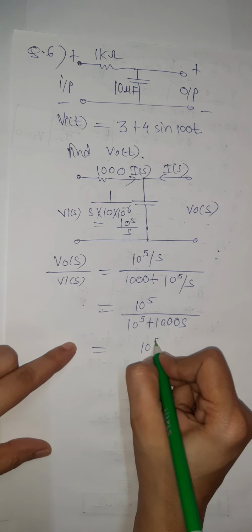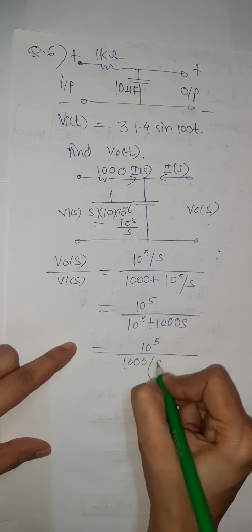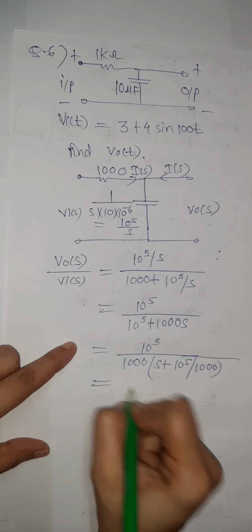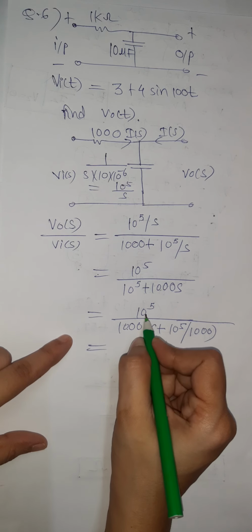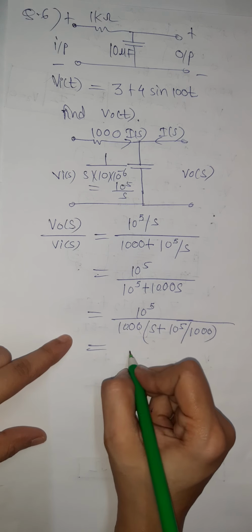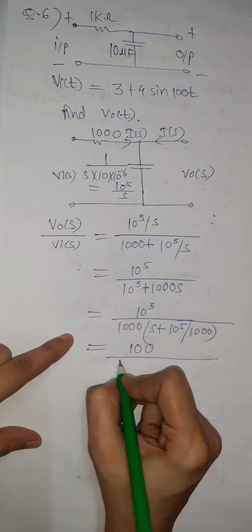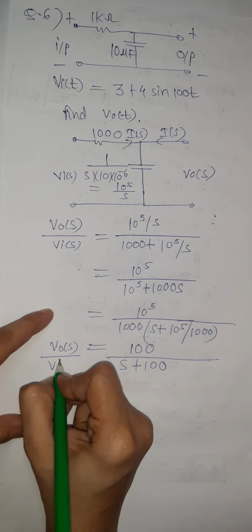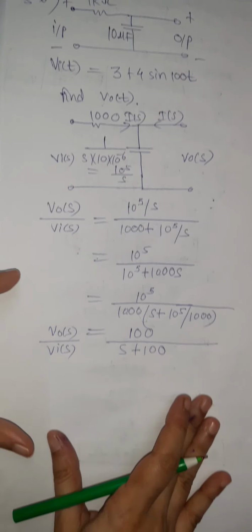So it will be 10 raised to 5 divided by 1000 s plus 10 raised to 5. If I take 1000 common, 10 raised to 5 divided by 10 raised to 3 is 100, so V0(s) upon Vi(s) is 100 upon s plus 100.